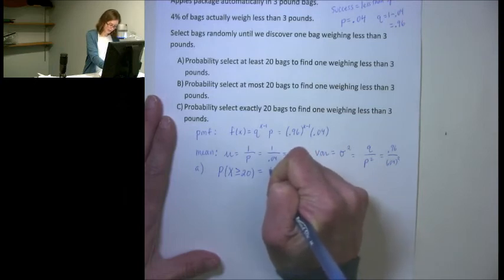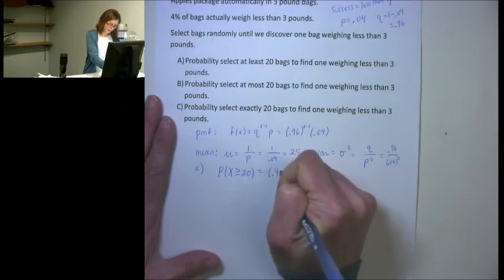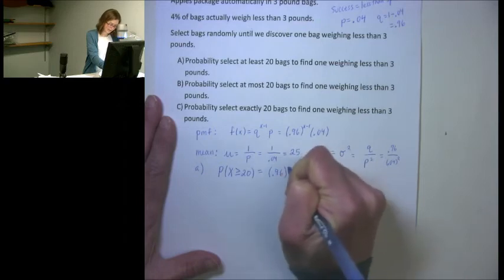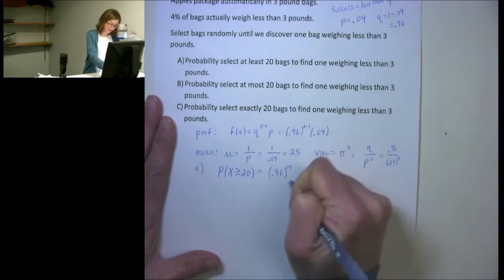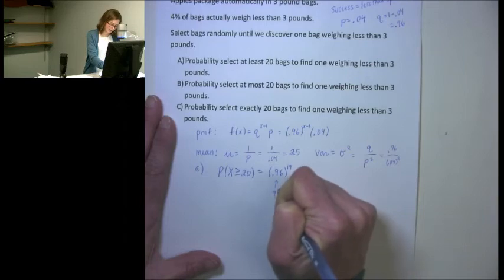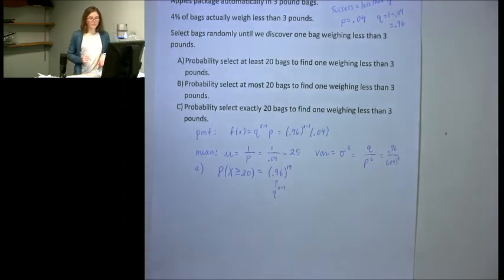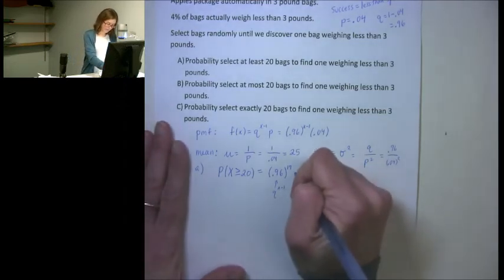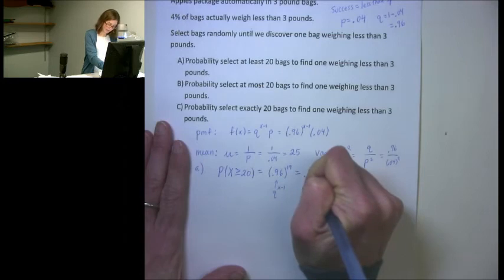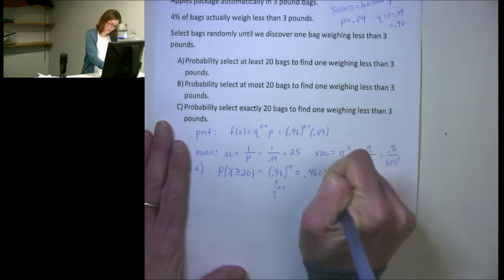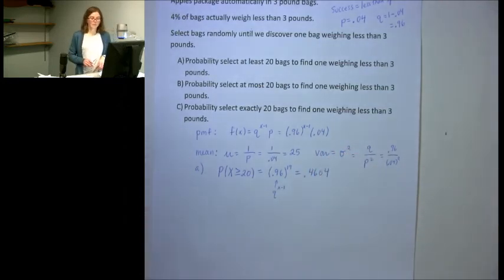So we've got 0.96 to the 19th power, that's our q to the x minus 1. That gives us about 0.4604 if I round to 4 decimal places.